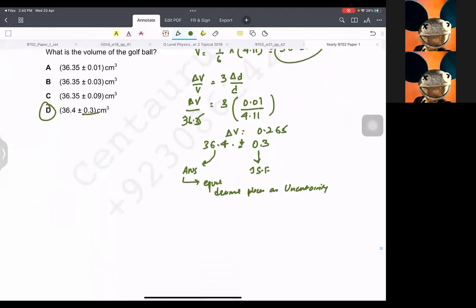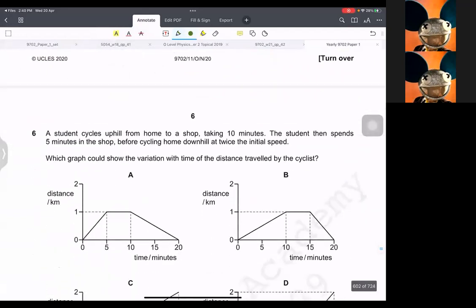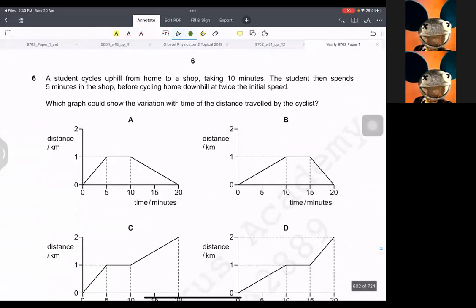Okay. Then going to 6, which diagram shows the variation with time of the distance traveled by a cyclist. So the cyclist cycles uphill to a shop, taking 10 minutes. Then spends 5 minutes in the shop. Okay. And cycling downhill twice the initial speed.